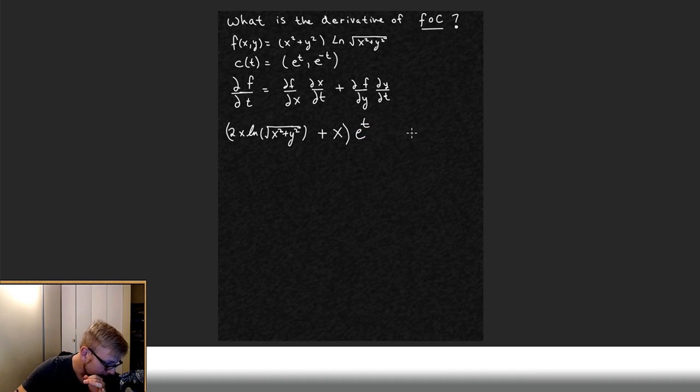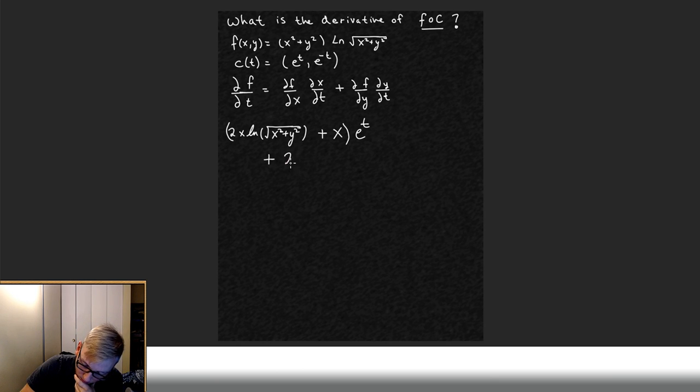Now the second one, I'll write the addition sign down here because it's going to be big again. So now we have to do the same derivative, but now with respect to y. So what's that going to give us? It's going to give us the same thing, except y is now the variable that we work with.